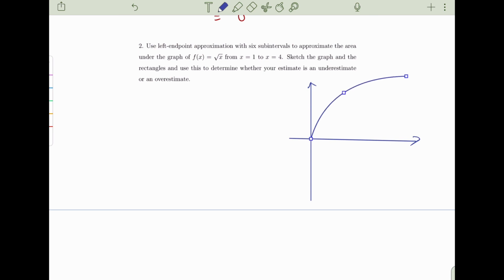So firstly, this is y equal to square root of x, something like this. And we are starting from 1 and finishing at 4. So assume that this is 2, this is 3, this is 4. Now we have these 3 units, and then we need to subdivide them into smaller intervals since we want to have 6 intervals.